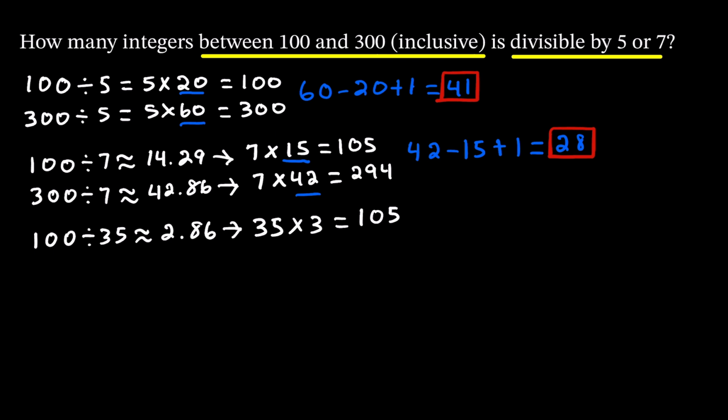Now we're going to find the last multiple of 35 in this range. We take 300 and we divide it by 35. Now this is approximately 8.57.